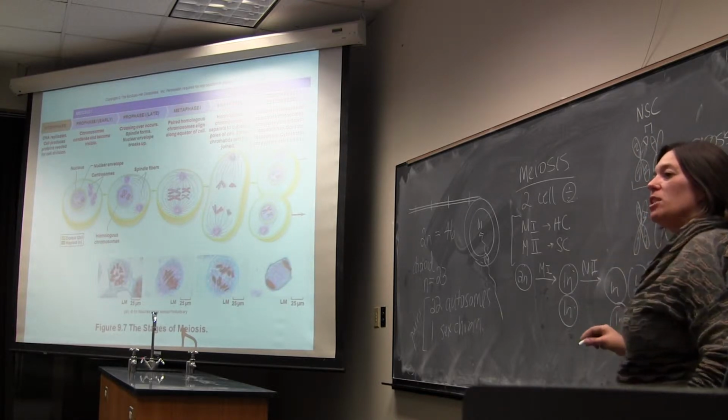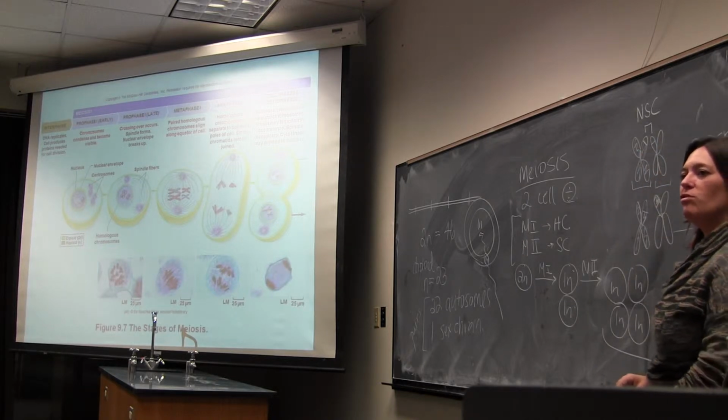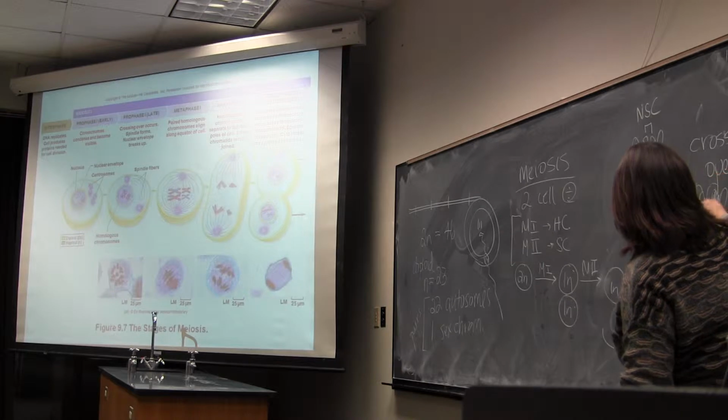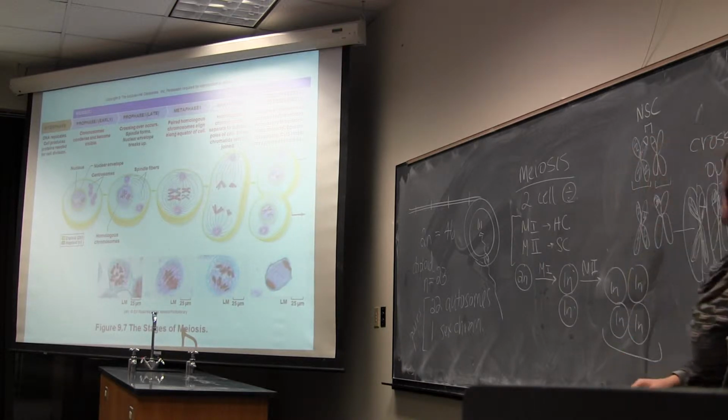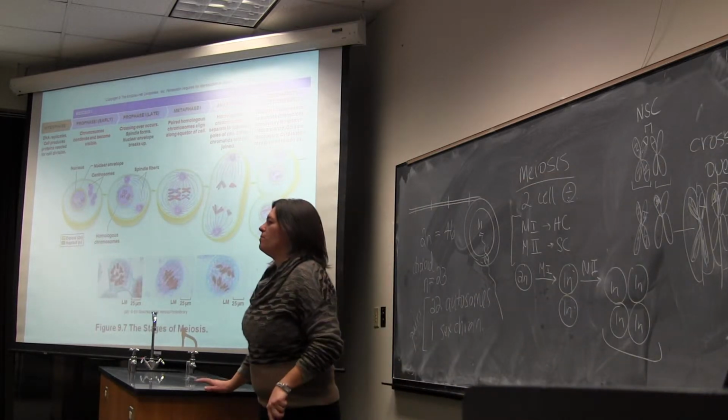And then in meiosis 2, that's when we're going to separate the sister chromatids from one another. So in other words, this is going to be one cell, that's going to be one cell, that's going to be another cell, and that's going to be the 4th cell. So these 4 individual unique pieces of DNA, that's what eventually is going to make up the gametes.